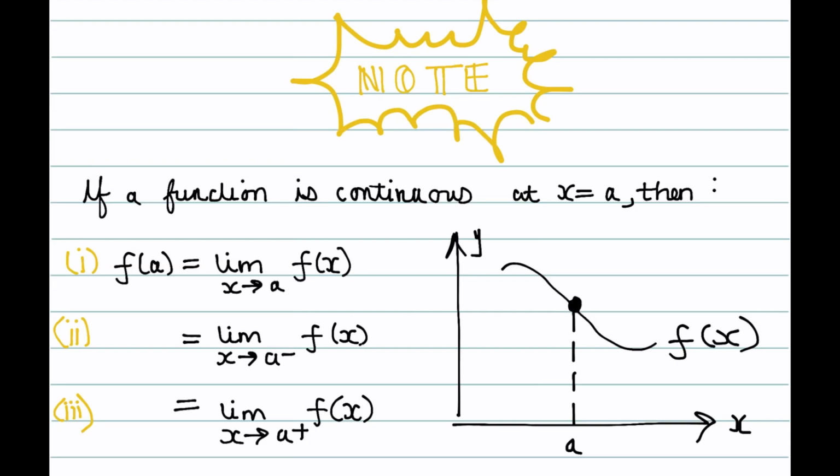Another thing to note is that if a function is continuous at x equals a, then the function value f at a will be equal to the limit as x approaches a of f of x. And this will also be equal to the limit as x approaches a from the left side of f of x, and will also be equal to the limit as x approaches a from the right side of f of x.